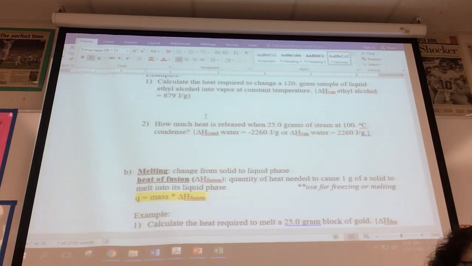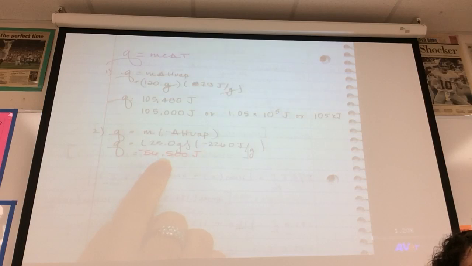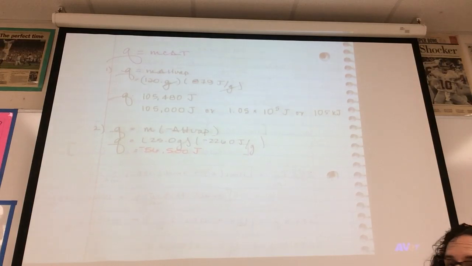What'd you get? Yes? All right. So delta H of vaporization and delta H of condensation are equal but opposite in sign. Condensation's an exothermic process with a negative Q value.